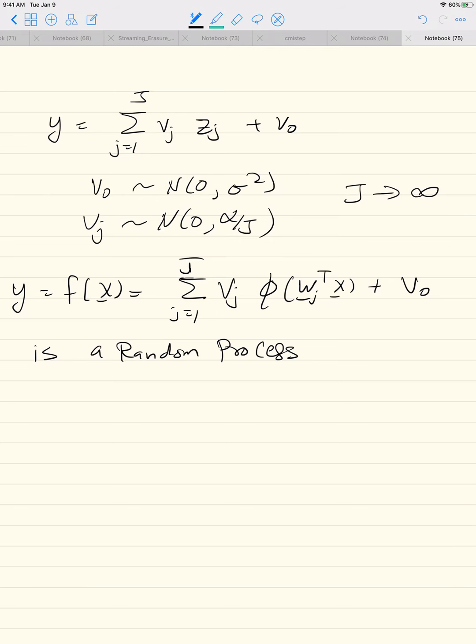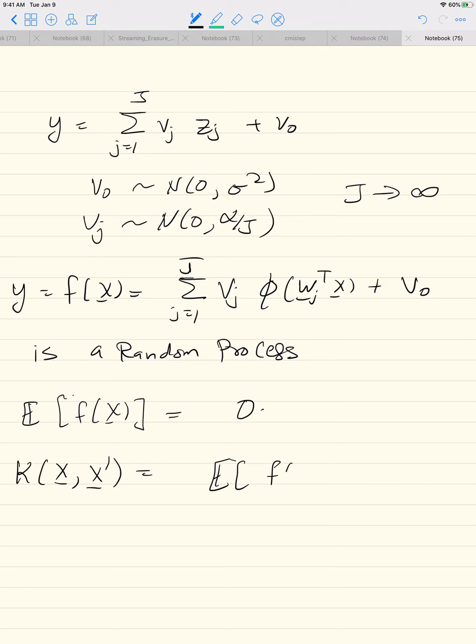Now let's look at the mean of f of x. You can easily see that because the V's are zero mean, the expected value is 0. Now let's look at the kernel function or the covariance function between x and x prime. This is the expected value of f of x times f of x prime.